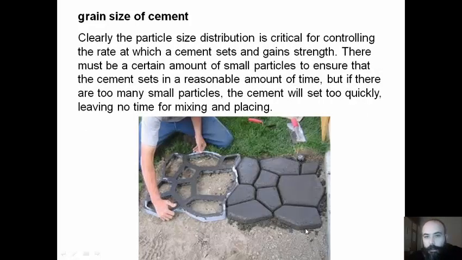Clearly, the particle size distribution is critical for controlling the rate at which a cement sets and gains strength. There must be a certain amount of small particles to ensure that the cement sets in a reasonable amount of time, but if there are too many small particles, the cement will set too quickly, leaving no time for mixing and placing.